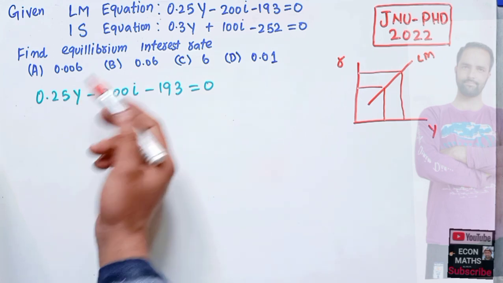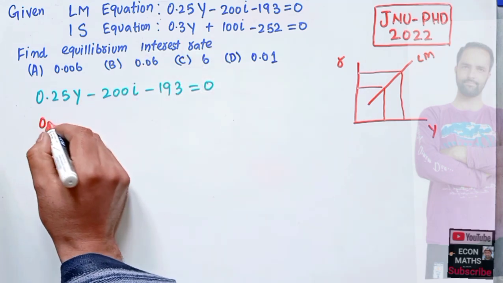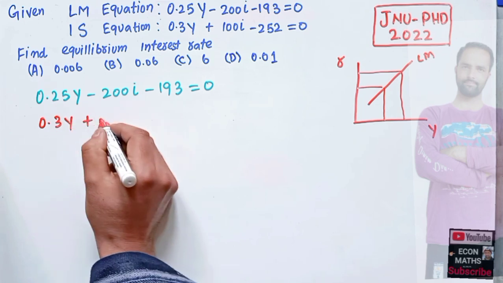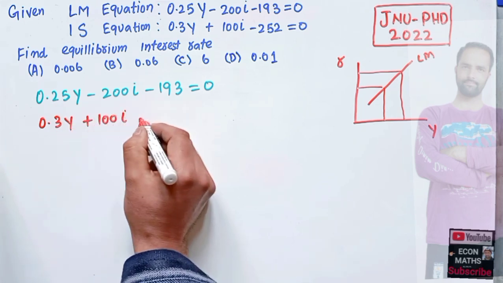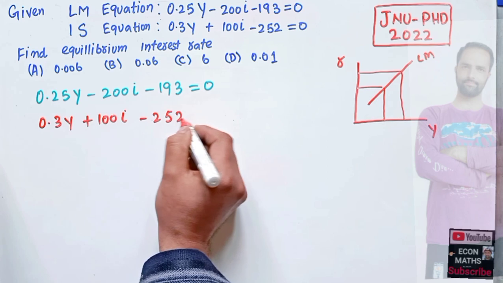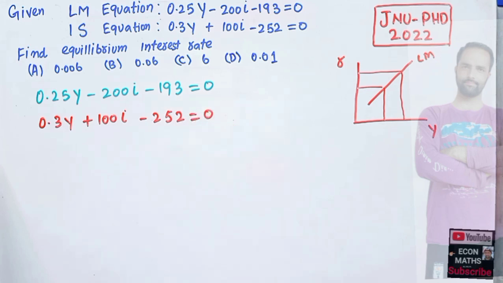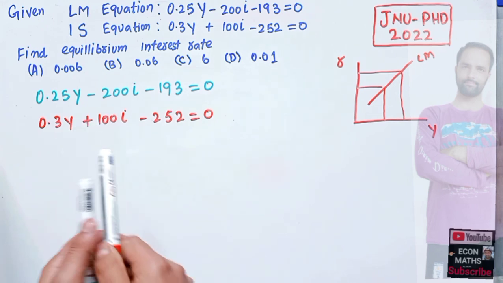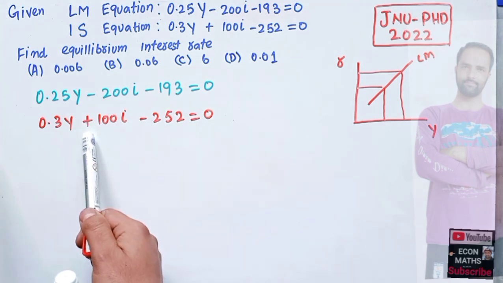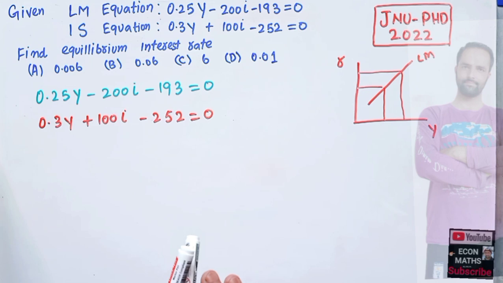Our IS equation is given as 0.3y plus 100i minus 252 is equal to 0. Basically, in the question it was shown as negative, but it cannot be negative here because then our IS curve does not slope upwards.